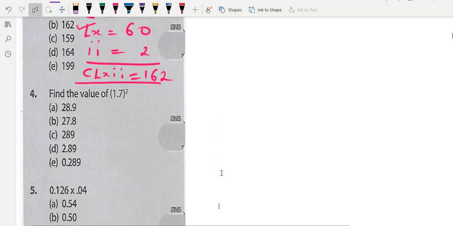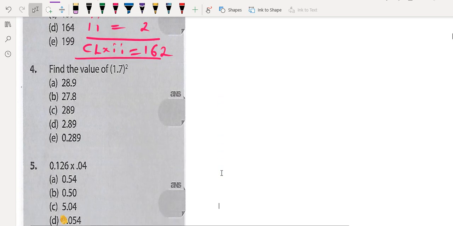Find the value of 1.7 squared. Number what? Number 4, Florence, please.